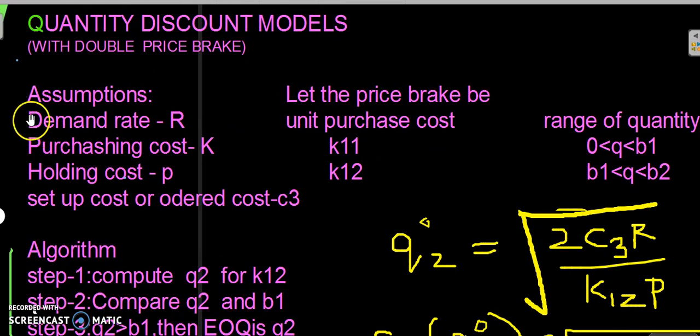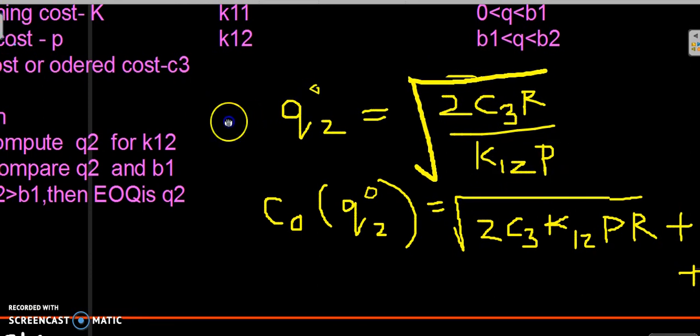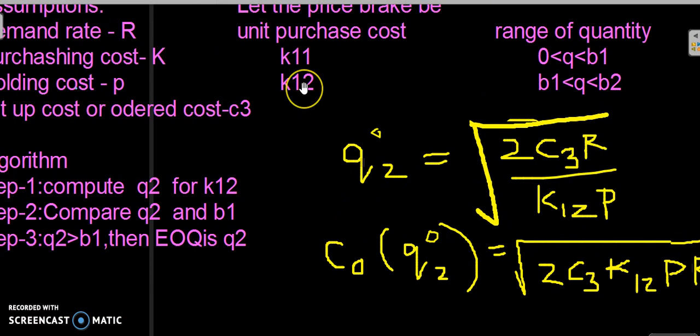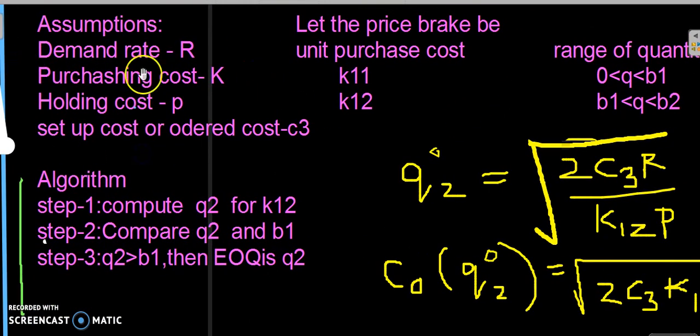The assumptions are as before. Demand rate R, purchasing cost K, holding cost P, setup cost or ordering cost C3. Now the formula is given by Q2 optimum equals square root of 2 C3 R divided by K12 P. K12 is given here, C3 is setup cost or ordering cost, R the demand rate, and P the holding cost.